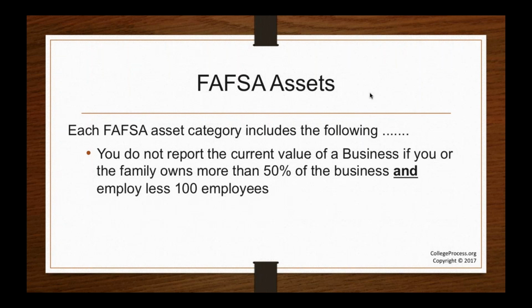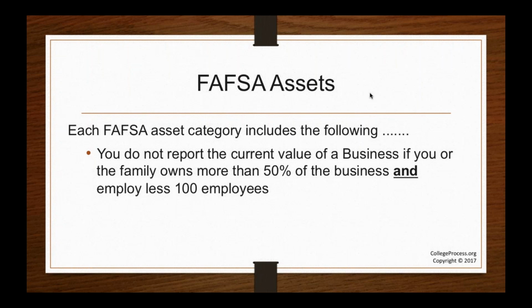There is a third one called business. And I think the best way to explain who reports the value of a business under business is just this statement. If you own more than 50% of the business and you employ less than 100 employees, you do not have to report that business.